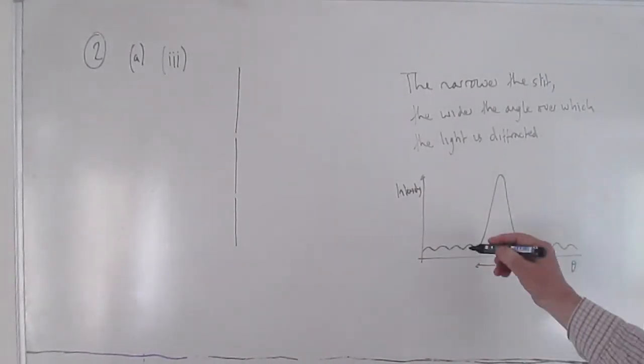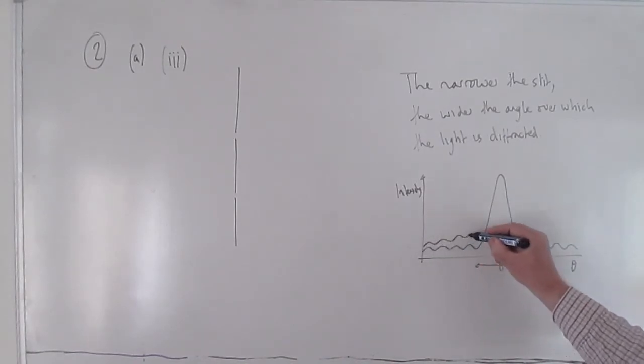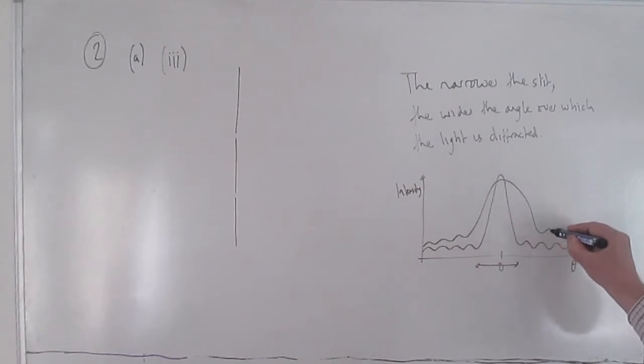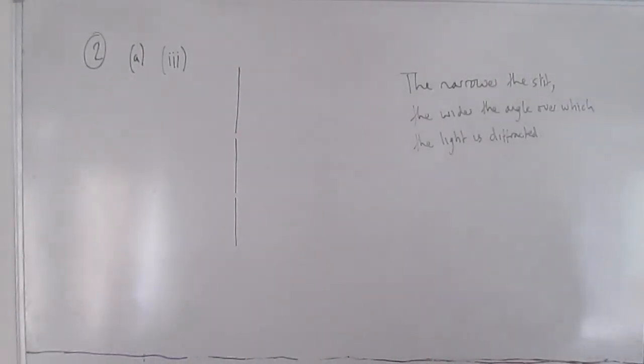So if you get a narrower slit, it might look like this, so that it's spread over a bigger range. Now, you don't need to know the detail of that, but you do need to know qualitatively that the narrower the slit, the wider the angle over which the light is diffracted.